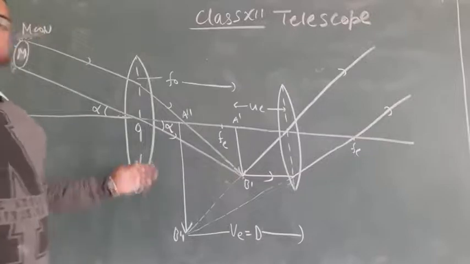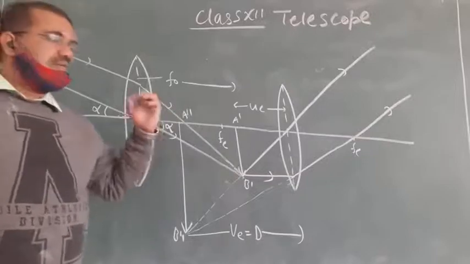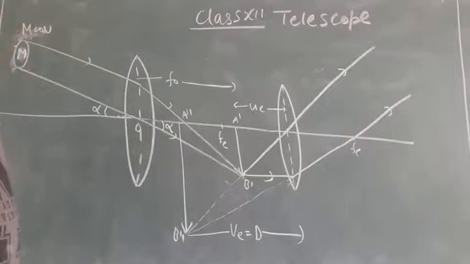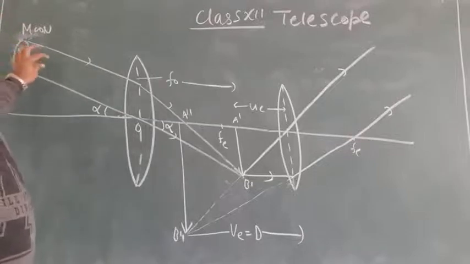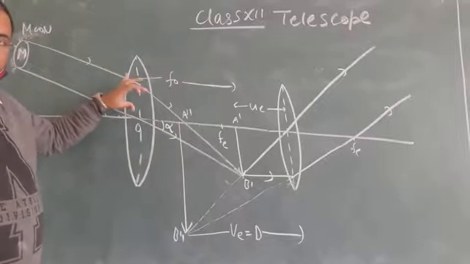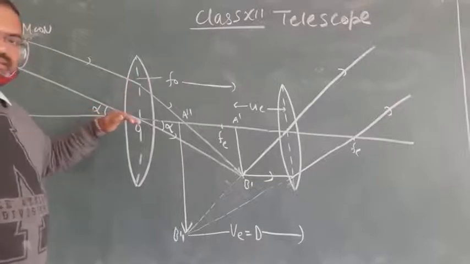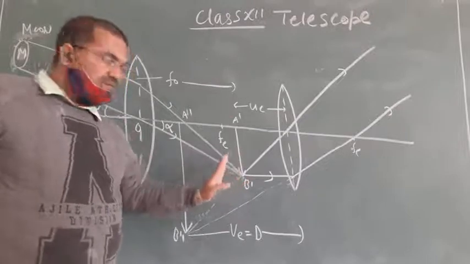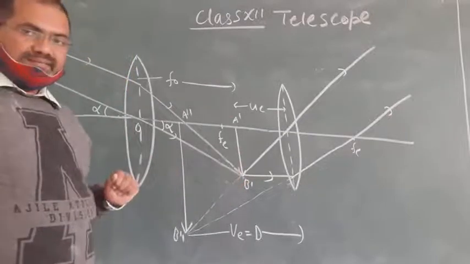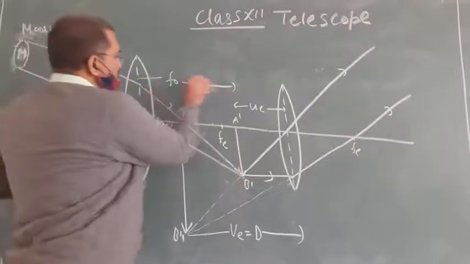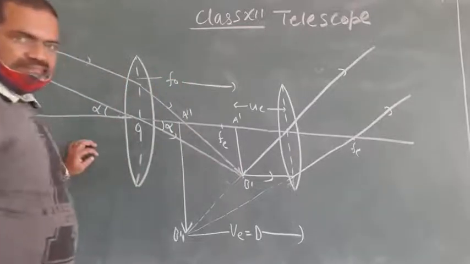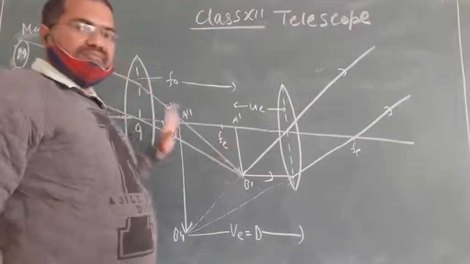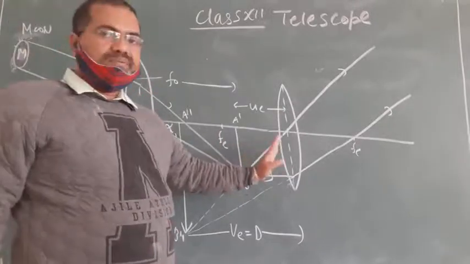Okay. This is the ray diagram of the refracting type telescope. The object is very far, so parallel rays are coming, but not parallel to the principal axis. They will meet at the focal plane of the objective lens. So this distance will be f0 here, and this image of the first lens behaves like an object for the second lens.